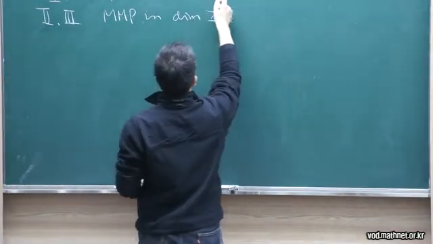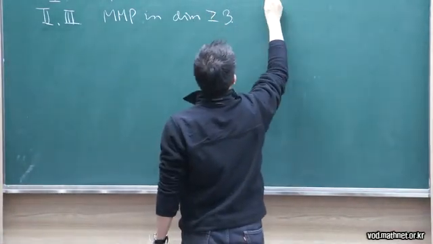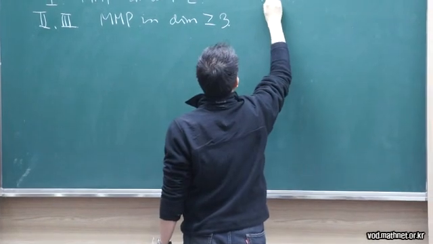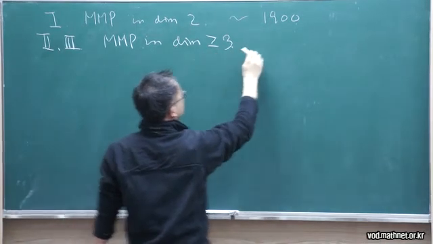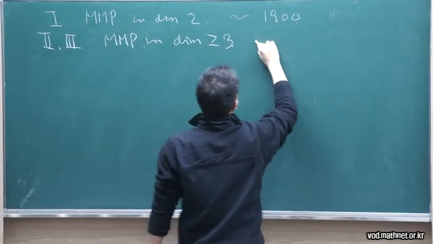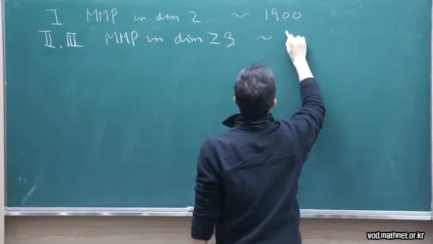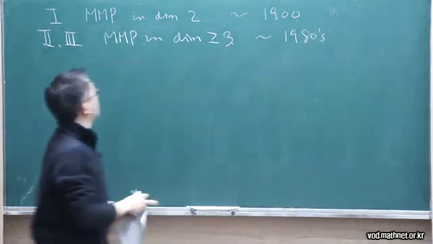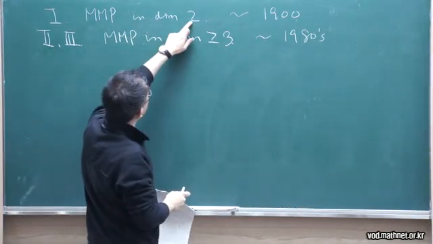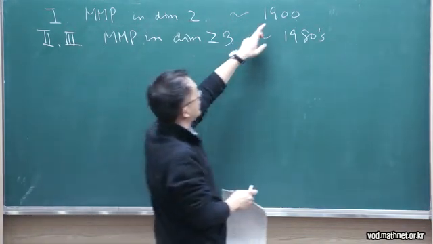So this is a story developed until around 1900. And the story in dimension 3 is around the 1980s. So to go from dimension 2 to 3, it took almost 80 years.